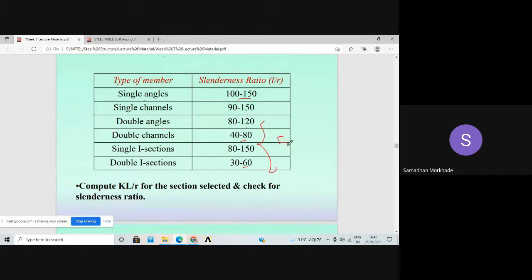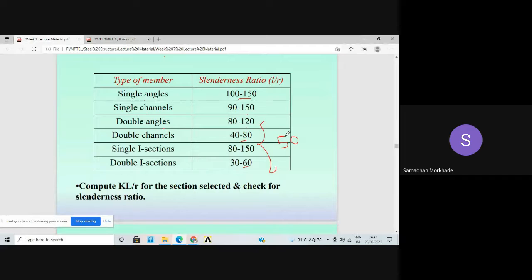If you read Design of Steel Structures by M.L. Gambhir, in all problems for built up sections, he initially assumed the slenderness ratio as 50. For built up sections the buckling class is C. So KL by r assumed is 50. Since it is buckling class C, refer to Table 9C.